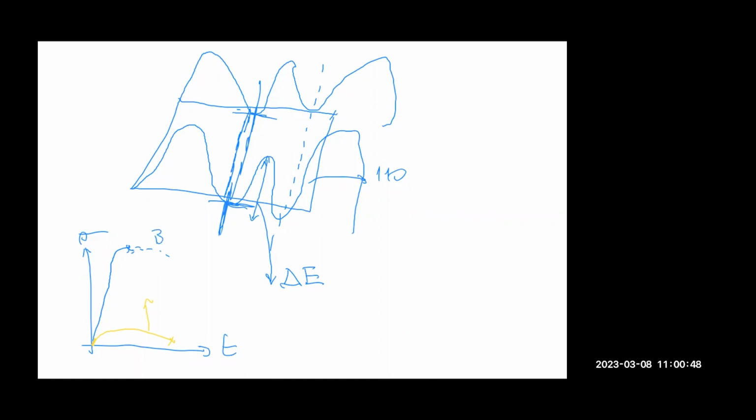So this is BCC, the dashed line is idealized BCC, and yellow is FCC, and this is ideal FCC.